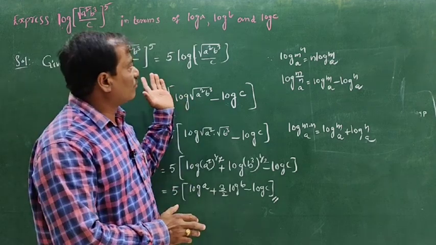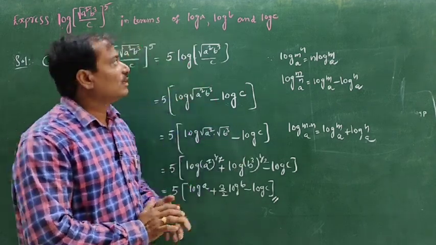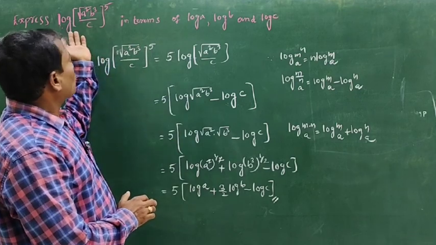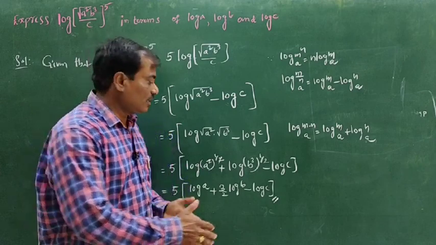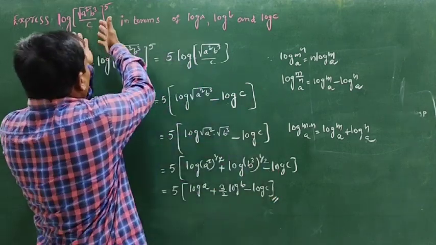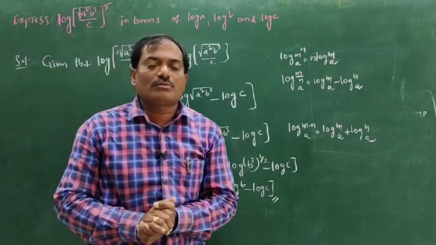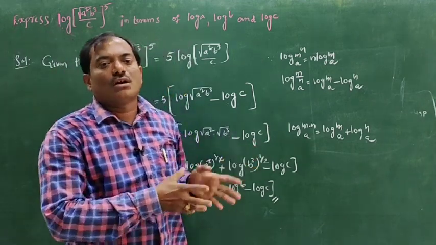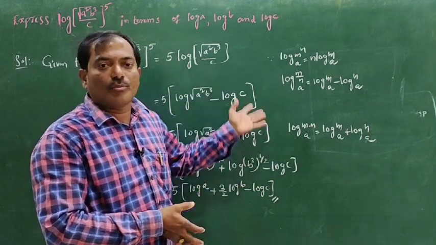Means we have to evaluate the logarithmic values, or we rewrite the given logarithmic functions into these forms, or if these kinds of forms are given, we have to write them back into the original form. So by using the logarithmic properties, we have to find the logarithmic values or rewrite them, these kinds of operations.